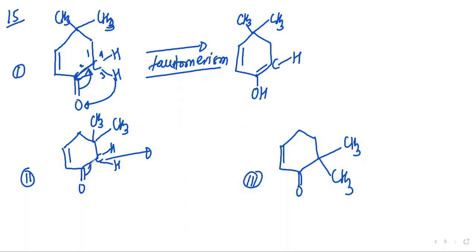Again, this pi bond is shifted here, the double bond shifts to this carbon, and the hydrogen is shifted to the oxygen. So it will be like this: a double bond, and this will be OH. And here CH3, CH3. This is your double bond. Understood?